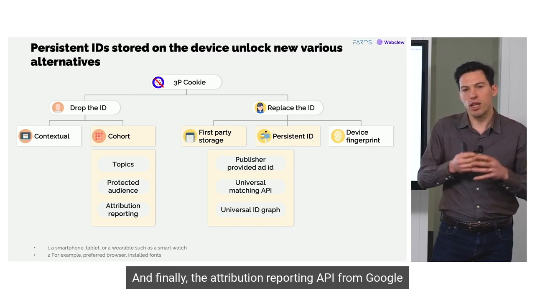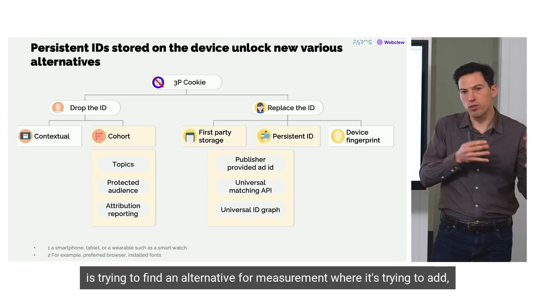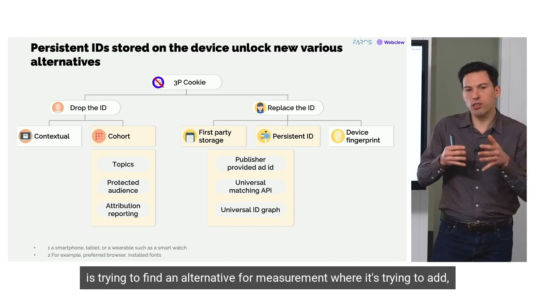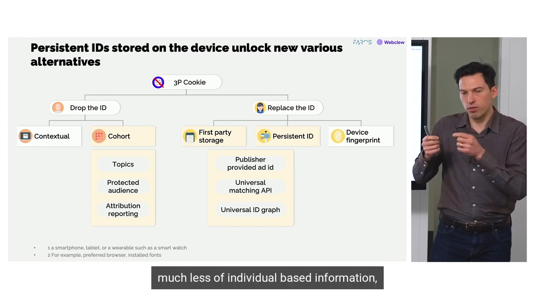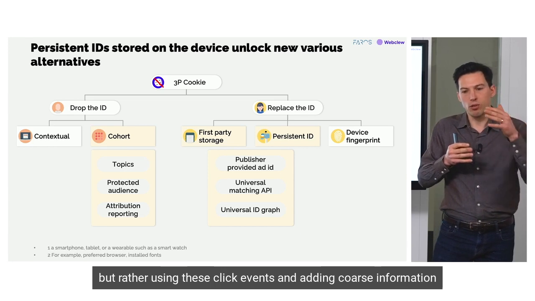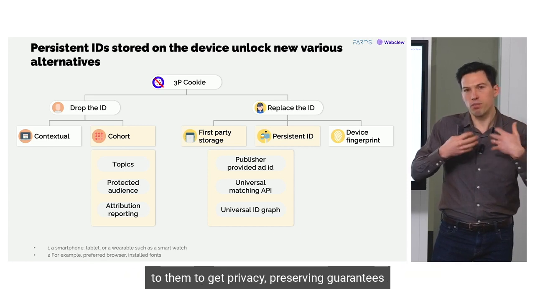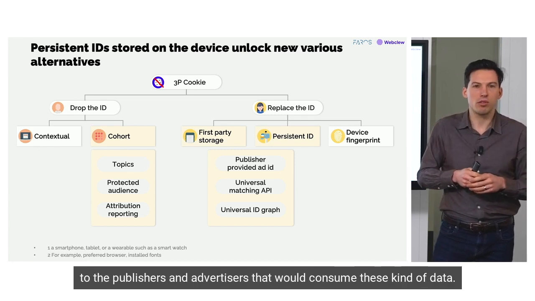And finally, the attribution reporting API from Google is trying to find an alternative for measurement, where it's trying to use, again, much less individual-based information, but rather using these click events and adding coarse information to them to get privacy-preserving guarantees to the publishers and advertisers that would consume this kind of data.